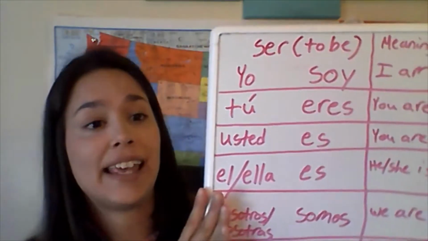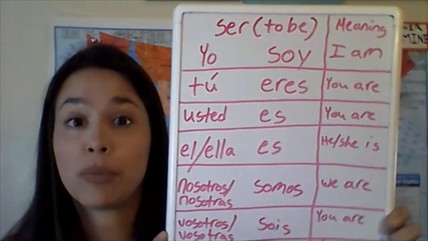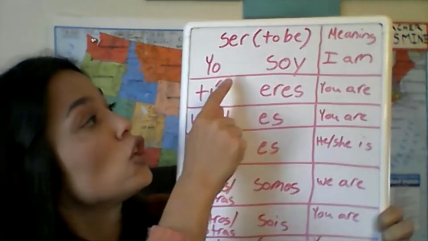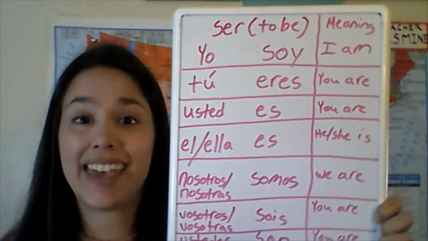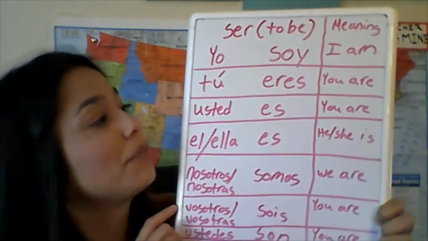Now let's review Spanish subject pronouns. Spanish subject pronouns are used to refer to a person without using that person's name. Now, when using the verb ser, here is how we use each of the Spanish subject pronouns. Let's start with the first one. Yo soy. I am. Tú eres.